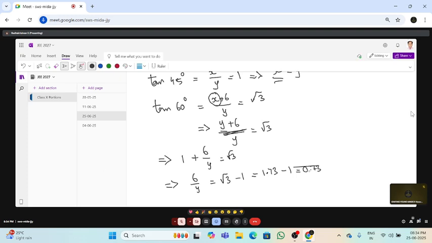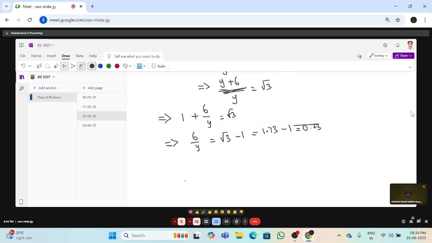So 6 by Y equal to 0.73, which means Y equal to 6 divided by 0.73. Six divided by 0.73 is what you are getting, or 6 divided by root 3 minus 1.